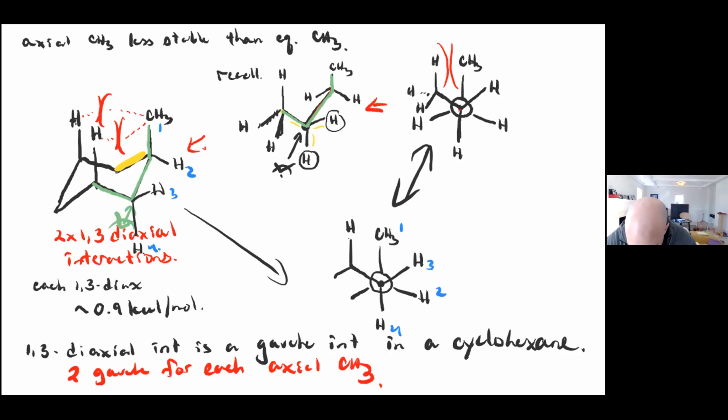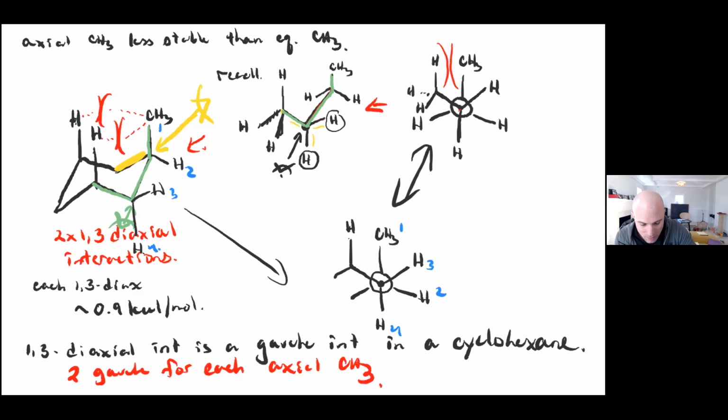Okay, Christine asks, where's the second gauche interaction? So the second one is looking down this carbon-carbon bond in yellow, okay? I'm not going to draw it out. I'd encourage you to do it on your own and work out the kinks so you can draw it out.